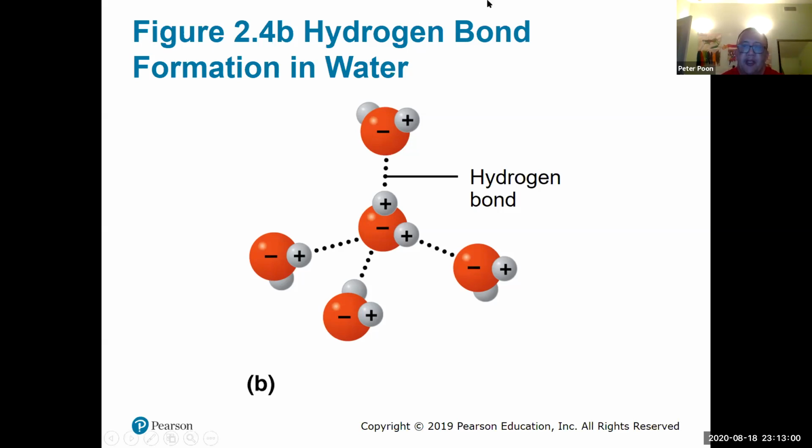So what happens is, that's the oxygen. These two are the hydrogens. The oxygen is more electronegative.